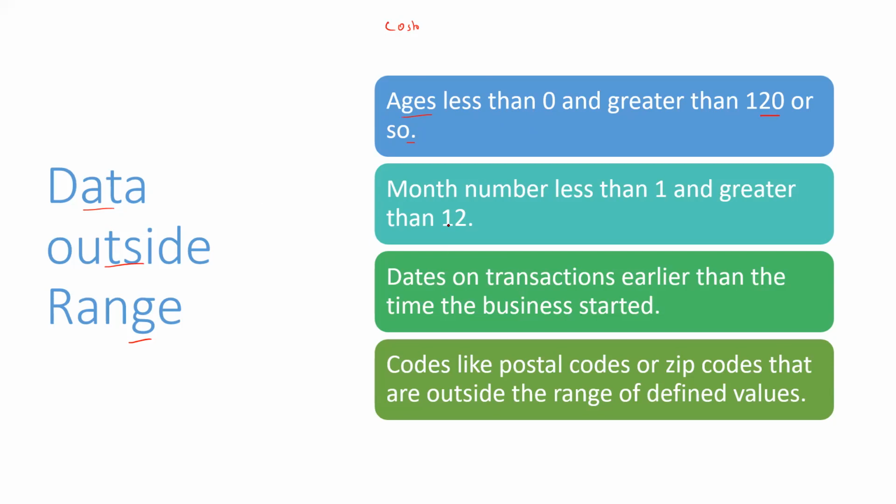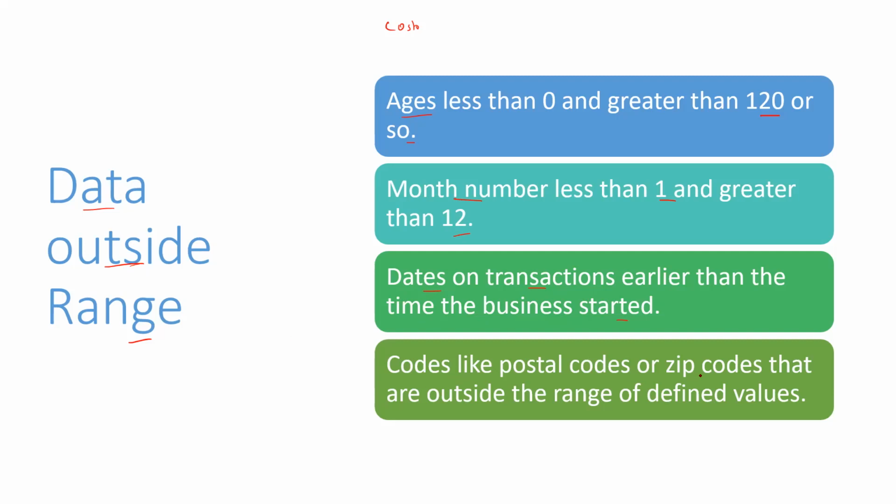Or a month must be between 1 and 12. Or a transaction date earlier than the time the business started: your transaction date started earlier, but your business started later. That is also data outside range.